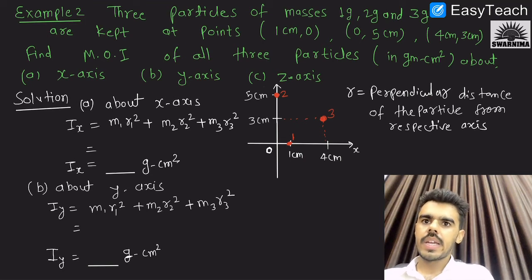So now we calculate moment of inertia about the x-axis. So Ix is equal to m1 r1 square plus m2 r2 square plus m3 r3 square. Here r is the perpendicular distance of the particle from the respective axis. m1 is equal to 1 gram.